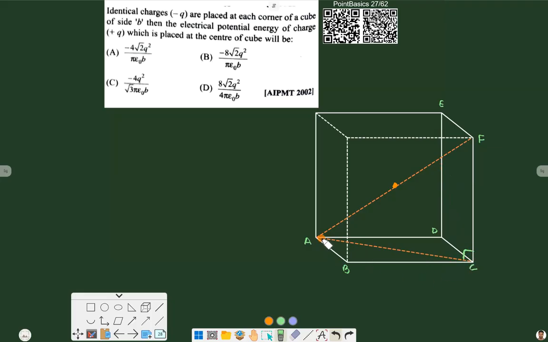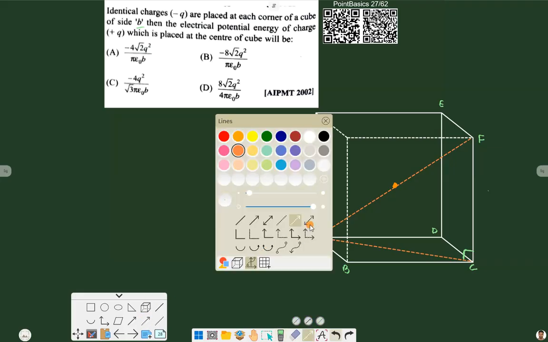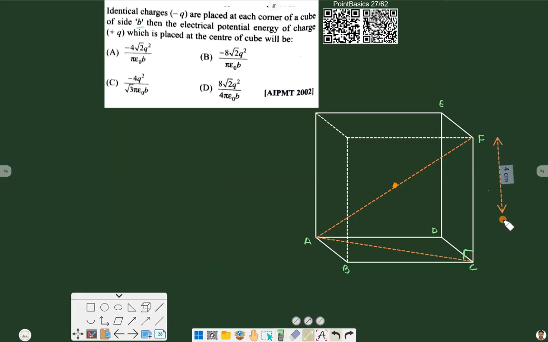Now we know FC, because it is a cube of side B, so FC is equal to B. BC and AB, all of these are equal to B because it is a cube. So B, B and B.